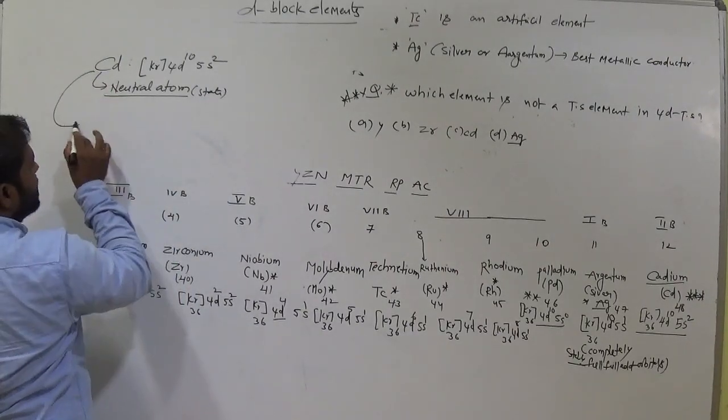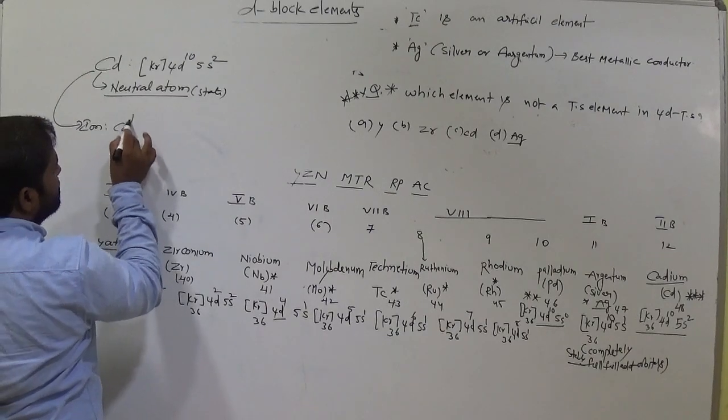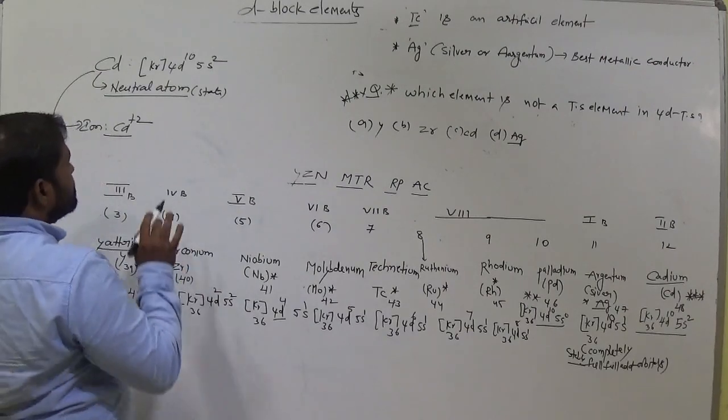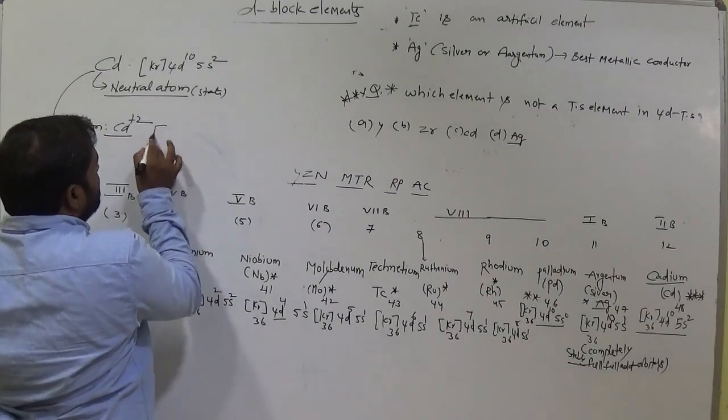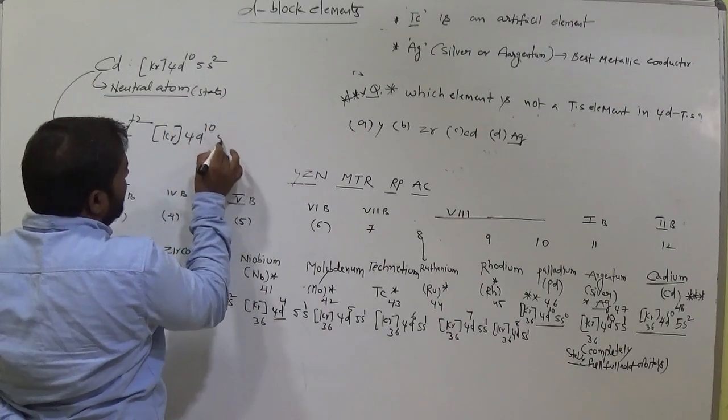Now suppose it is in ion state, suppose cadmium loses 2 electrons as cadmium plus 2. Then the electronic configuration is krypton 4d10 5s0.